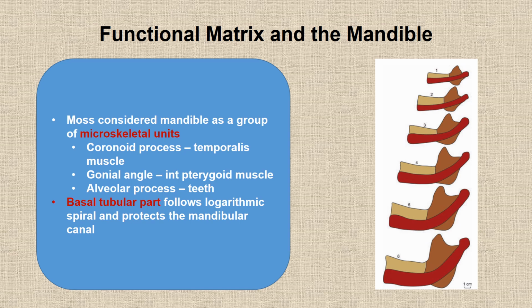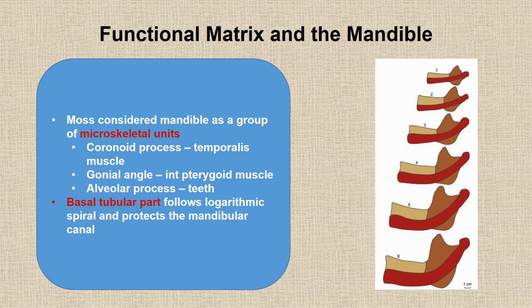Now, most consider the mandible as a group of microskeletal units. These are the coronoid process, which is affected by the temporalis muscle, the gonial angle, which is affected by the internal pterygoid muscle, and the alveolar process, which is affected by the teeth.